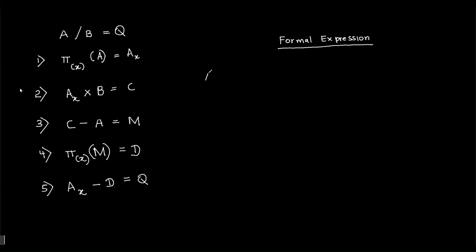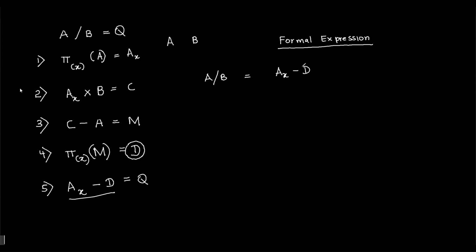If we have A divided by B, we know that along with A and B, we have also come up with D, the disqualified contents. Since we have disqualified X values, we just need AX minus D. That's the idea that we came up with here.